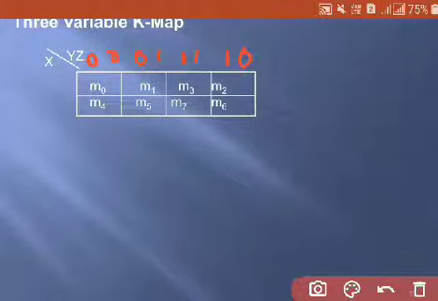So this is how you need to write it. For the corresponding minterms, first it will be m0 and then m1, and then m2, and then m3.